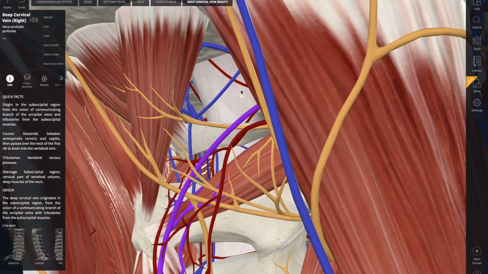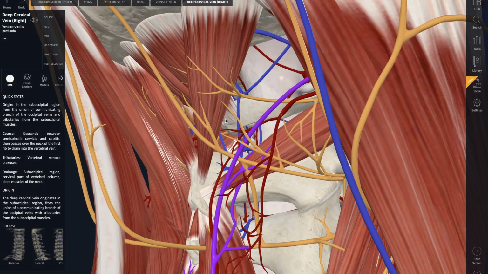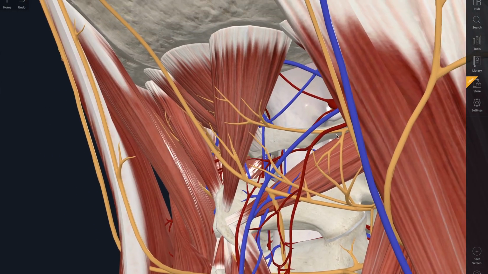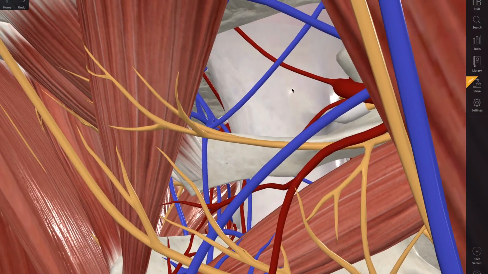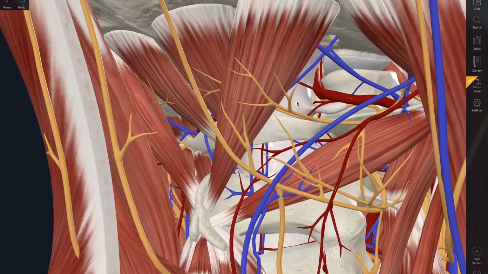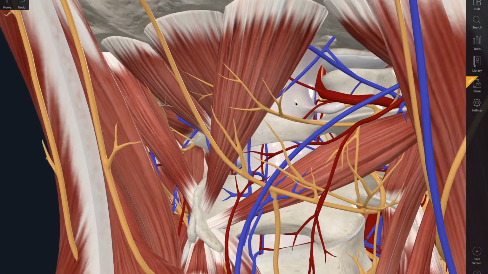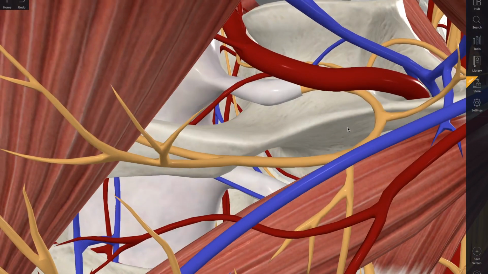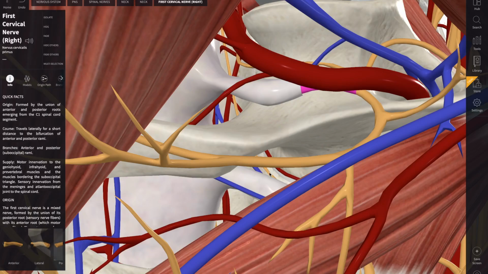These are the deep cervical veins. But it should have its own venous plexus. And finally, the nerves, we have two important nerves to talk about: the suboccipital nerve and the dorsal ramus of C2. The suboccipital nerve arises from the dorsal ramus of C1. So this is the first cervical nerve.